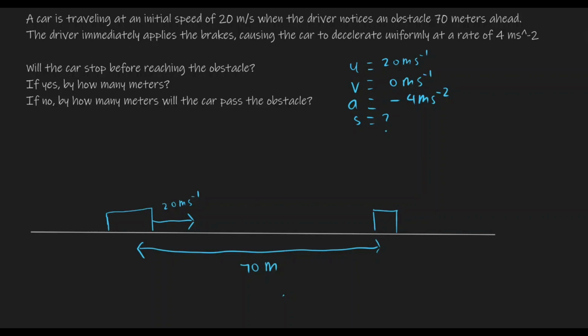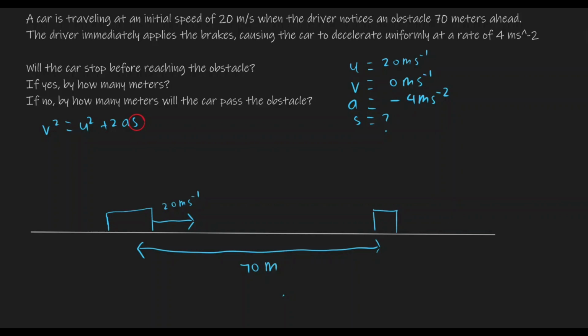So now, which of Newton's equations do you think we should use to solve this question? Well, v squared equals u squared plus 2as, because in this case we only need to find one variable, which is s, our stopping distance when we decelerate at 4 meters per second squared.